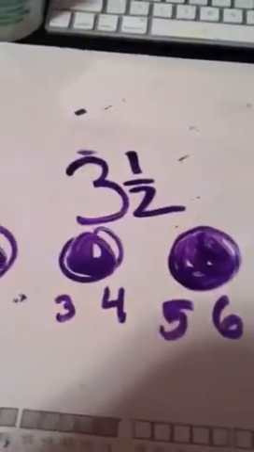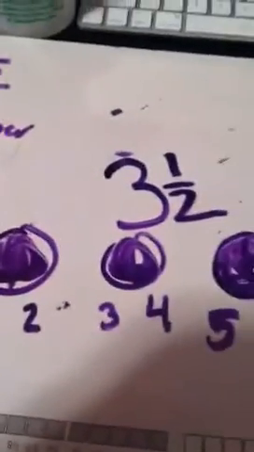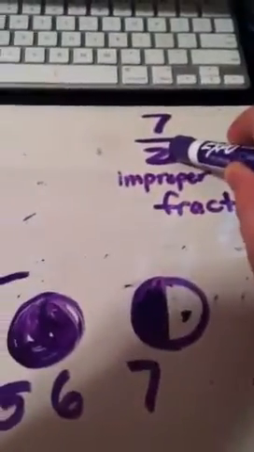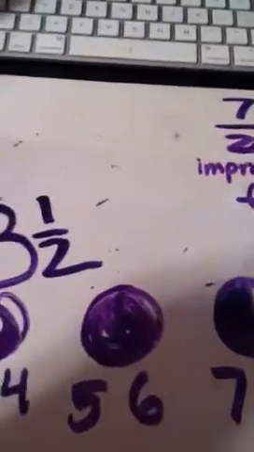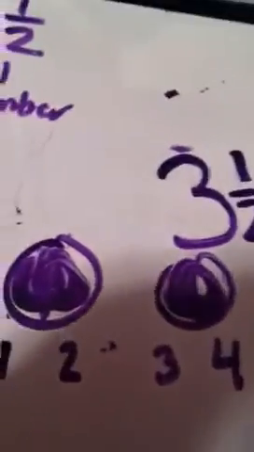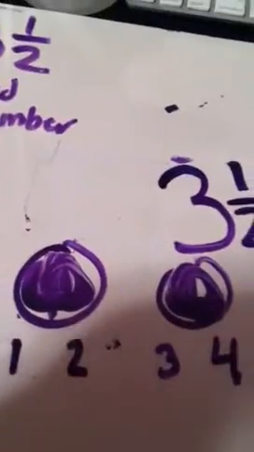So that's the first way to go, is drawing a picture. And again, I made the pictures fit my denominator first. I made them all halves, and then I counted to the number of halves I needed, which was 7. And then colored them in, got my 3 wholes and my 1/2.